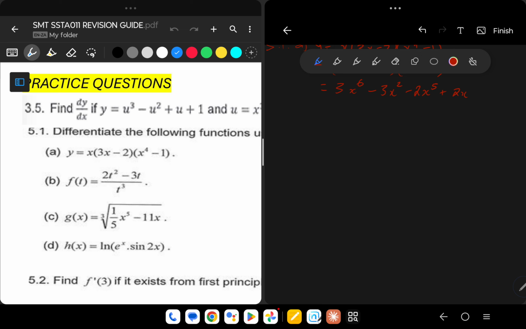So let us first rearrange it in a proper manner: 3x to the power 6 minus 2x to the power 5 minus 3x squared plus 2x. And then now we can do what? We can derive y with respect to x.